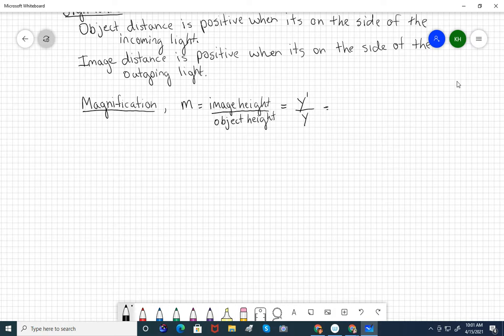Other textbooks and your labs will use HI for image height and HO for object height. I found those a little more intuitive, but they both work.